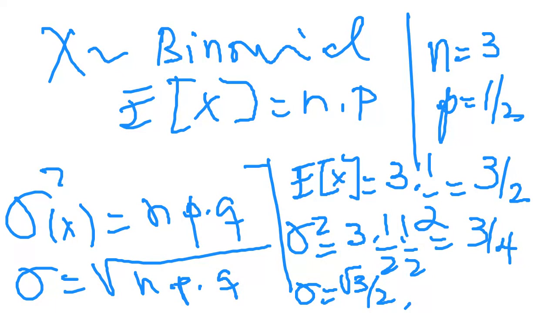I mean, we can repeat values. We want to see some other cases. Something that you need to learn is how to compute probabilities using the binomial table or binomial.